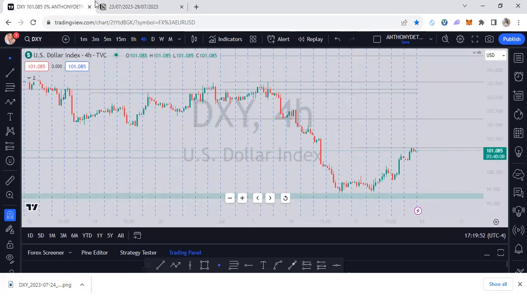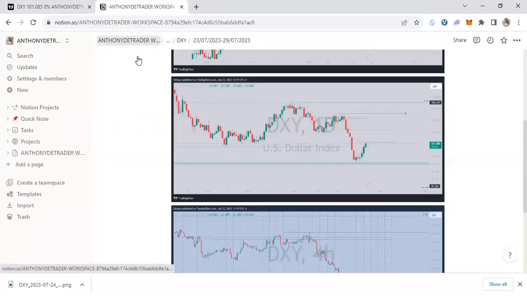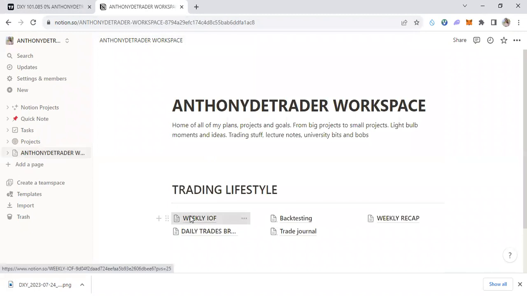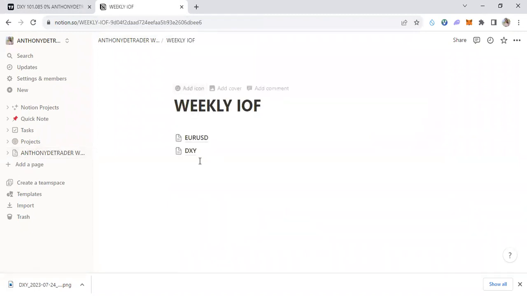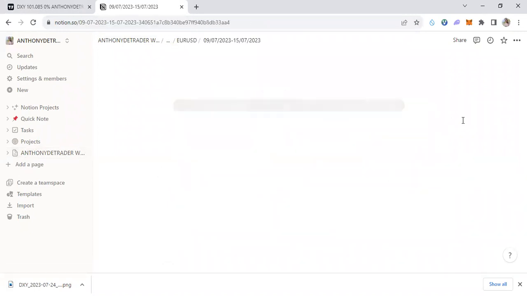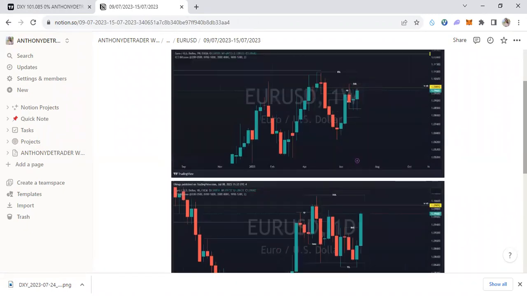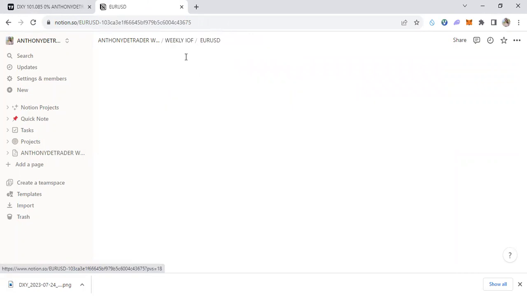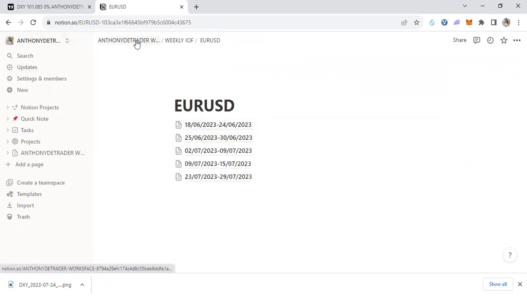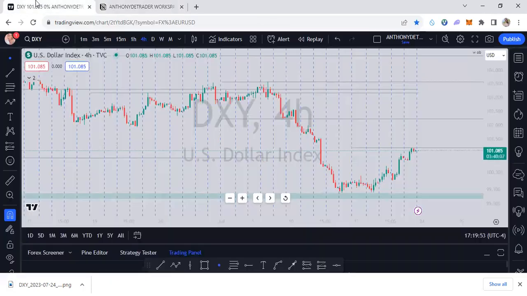So this is how I also journal my weekly IOF. I also have others of my IOF here. Let's just check other ones. So this for last week. This is my IOF for last week and others. So this is my analysis for this week.